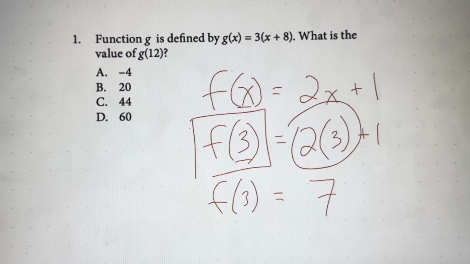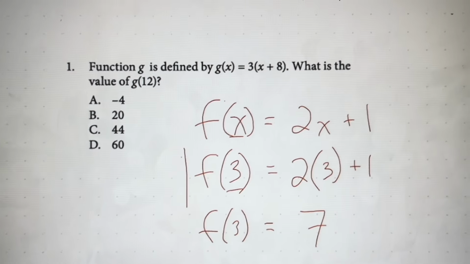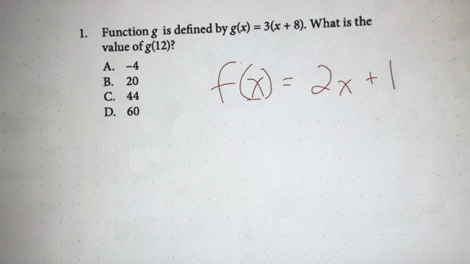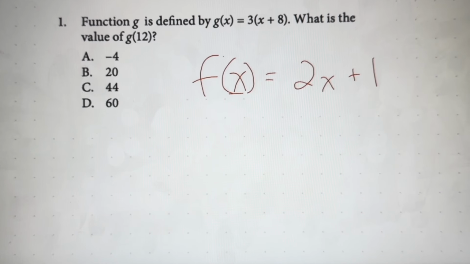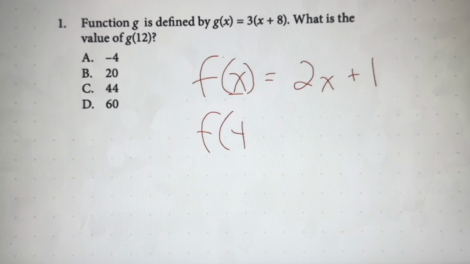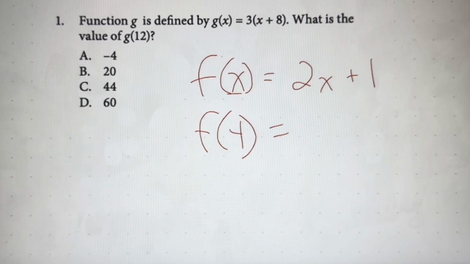Okay, let's do it again. Let's do the same function. I made one up that's a little bit easier than the one in the question, just to make it really clear how functions work. Let's find f of 4. What do we do for f of 4? It's the same thing. Where there was an x, now there's a 4.